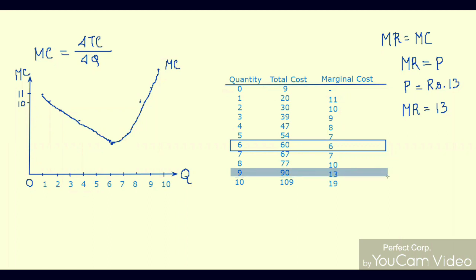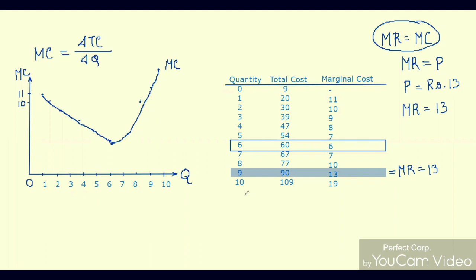We can see that when the firm produces 9 units of output, then the value of the marginal cost is 13, which is nothing but equal to the marginal revenue. So here the profit maximizing condition, that MR equal to MC, is getting satisfied.